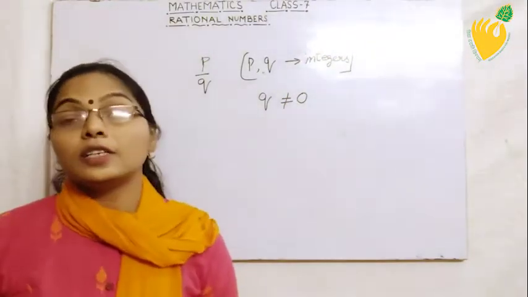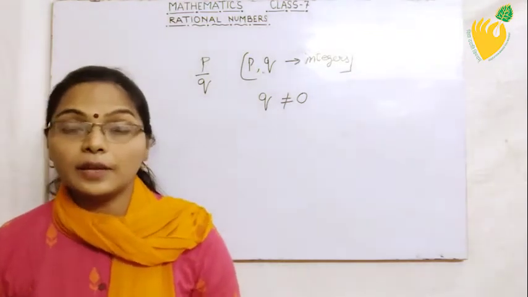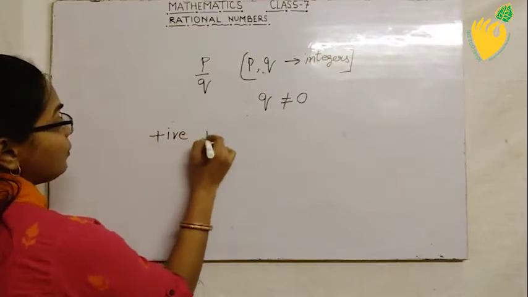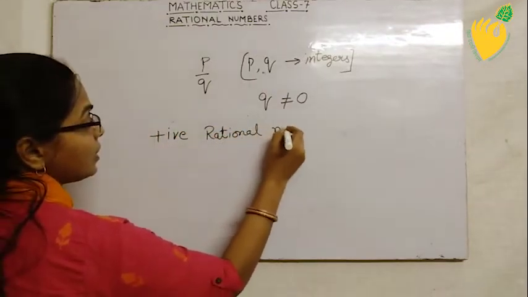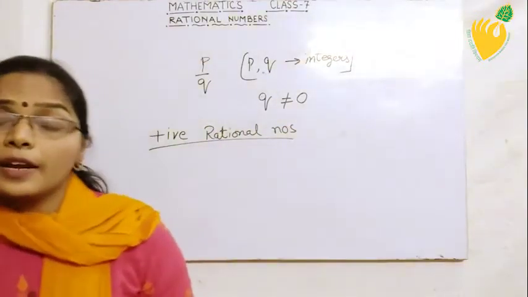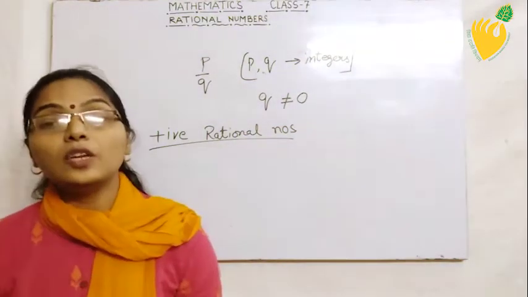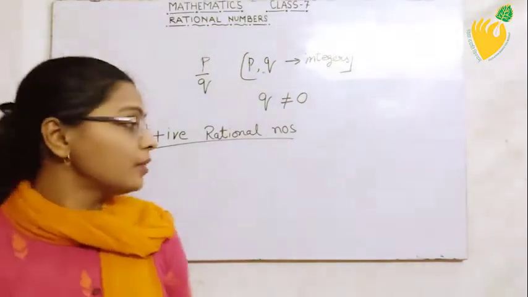Now students, let's learn two types of rational numbers, that is positive rational number and negative rational number. First of all, positive rational numbers. What are these students? A rational number is said to be positive rational number if both the numerator and denominator are either positive or negative.